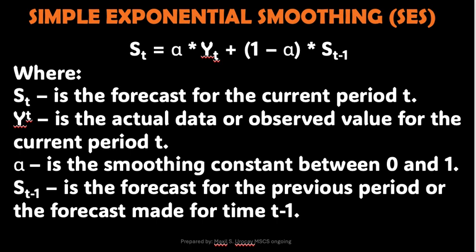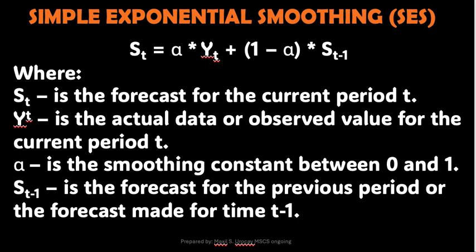When alpha is closer to 0, more weight is given to the previous forecast, which is S t minus 1. That represents the forecast for the previous period, which could be a forecast you made for the previous day or week, etcetera.